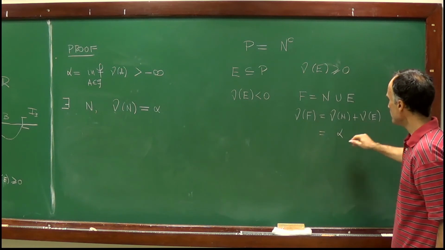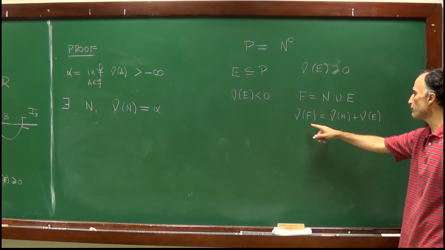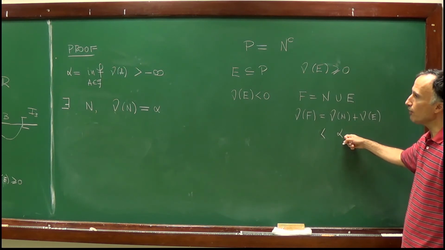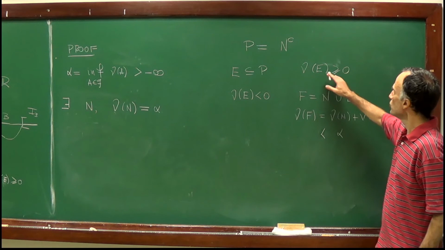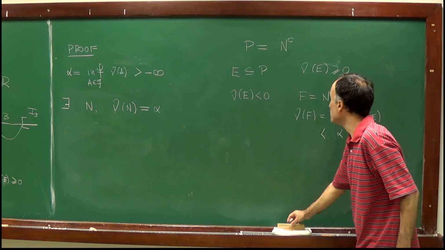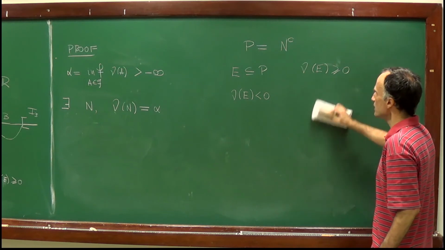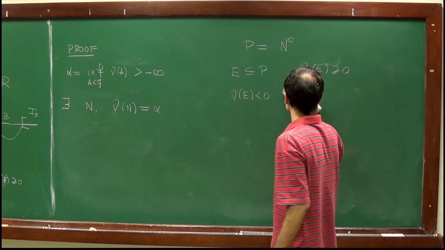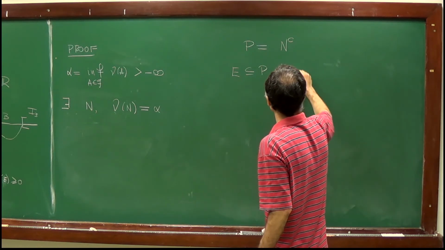Nu of E is negative, so this set would have measure strictly less than alpha, and this is impossible because alpha is the infimum. So this proves that any subset of P has measure larger or equal than 0. So let me write that.